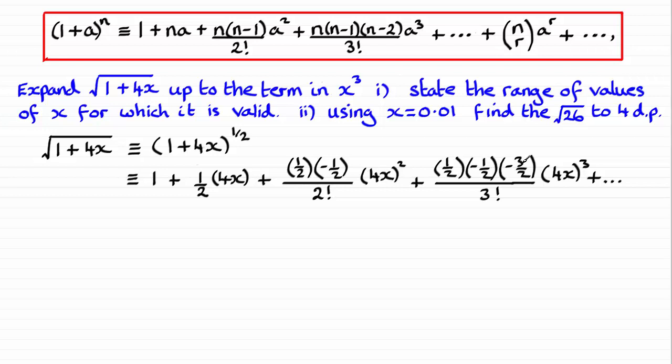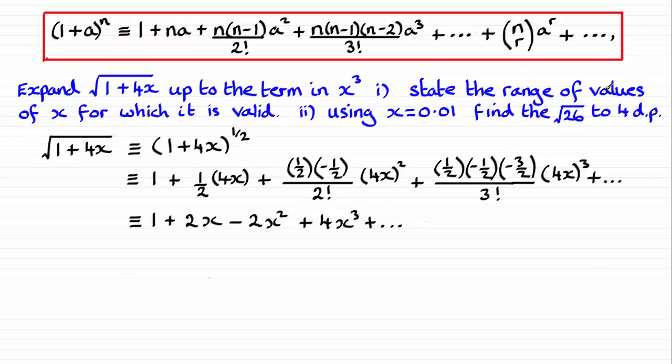That's going to be minus 1/2, or minus 3 over 2. And that's all over 3 factorial, multiplied with a all cubed, 4x all cubed. Okay? So if you simplify this, you should find you get this result here. 1 plus 2x minus 2x squared plus 4x cubed, and so on.